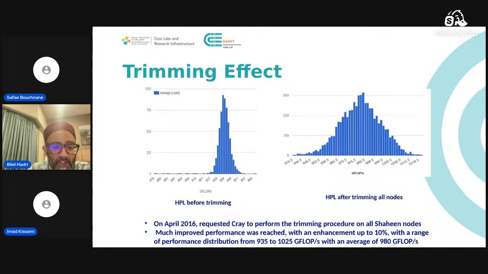However, in this area you have a lot of nodes that are not performing well. So we discussed with the vendor what was going on, and they had to trim, and you see here it is perfectly more balanced across all the nodes. And now it became our reference. So any node that is performing below this number needs to be trimmed or drained, and they will have to fix it. Okay.